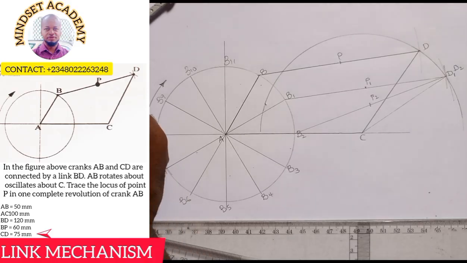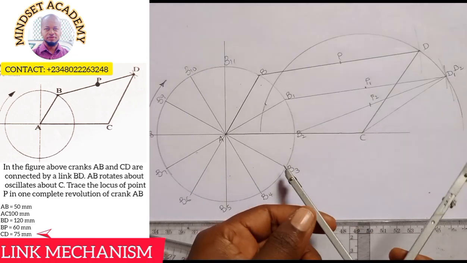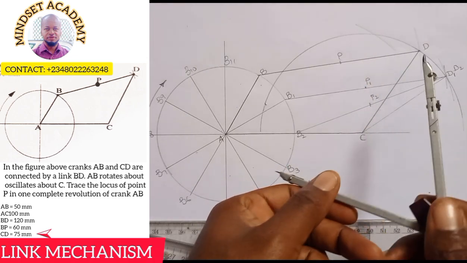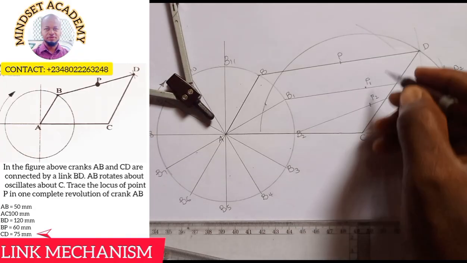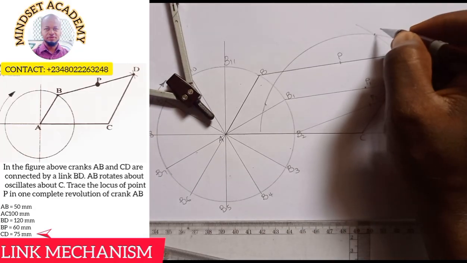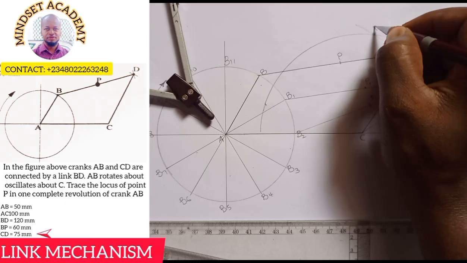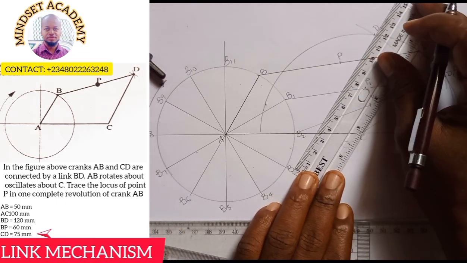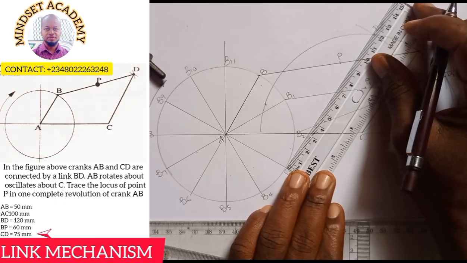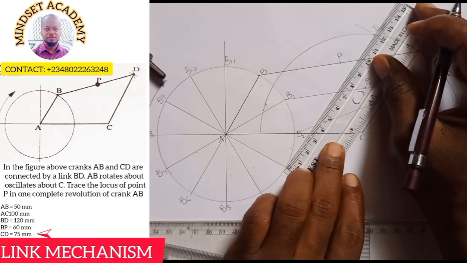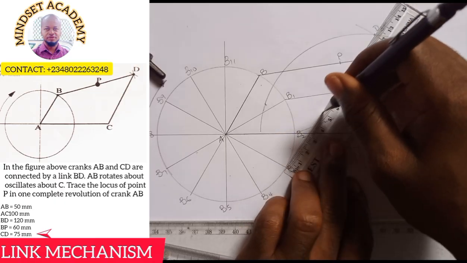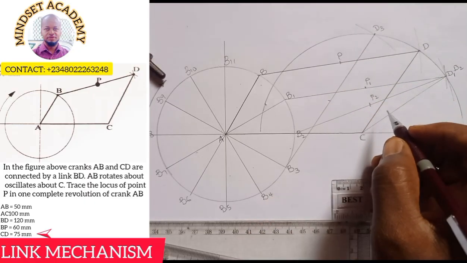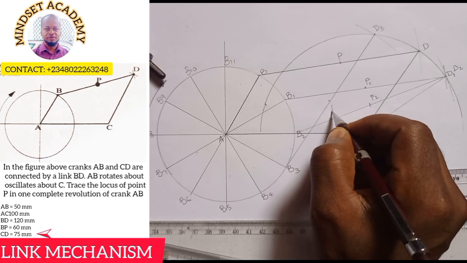Now we do the same thing from B3, and I'll strike an arc. Where it cuts here, that will be my D3. And I'm going to join from B3 to D3. So this is what I have. This is half of it, which is giving me my P3.